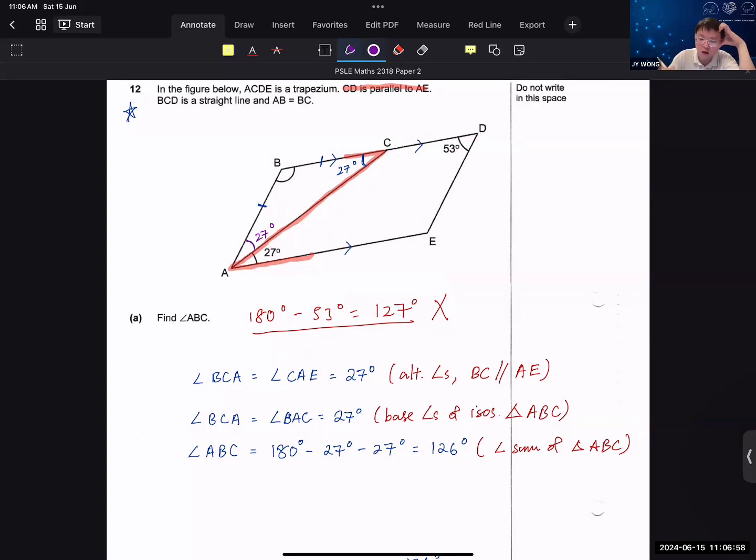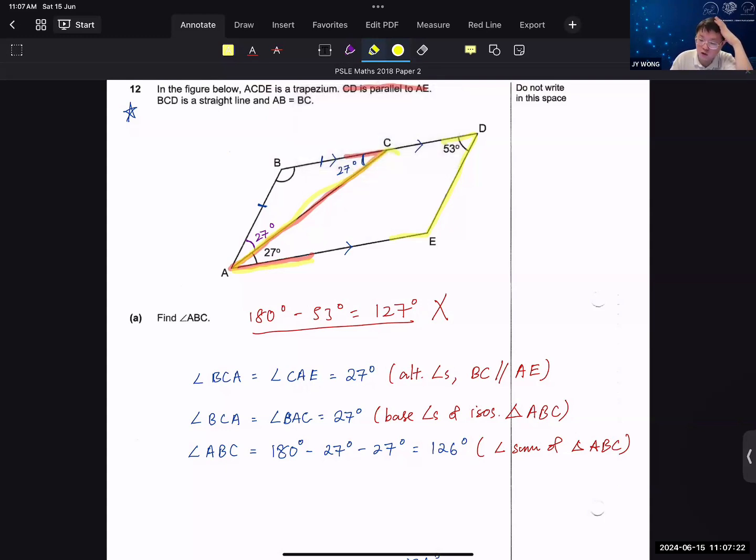Shinkai, you did this, is it? And then you found this. So double C rule lah. Yeah. But it still works, right? Because you'll find the 27. Then the isosceles triangle, so it's still 180 minus 27 minus 27, right? Yeah.